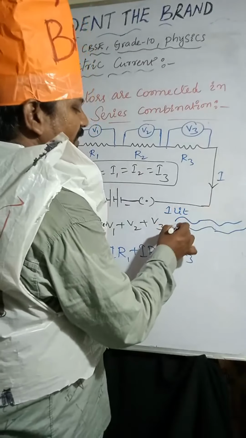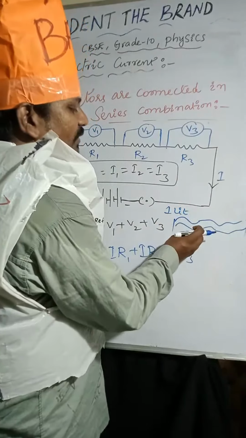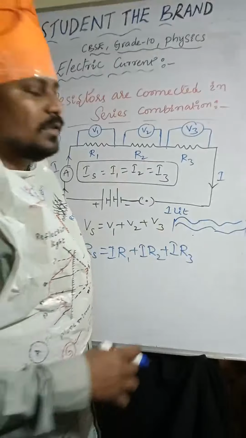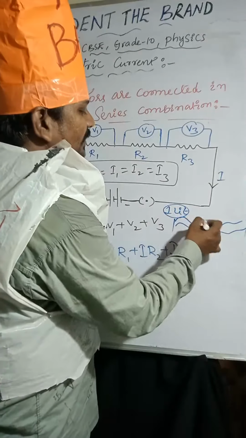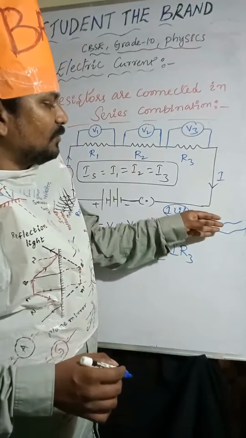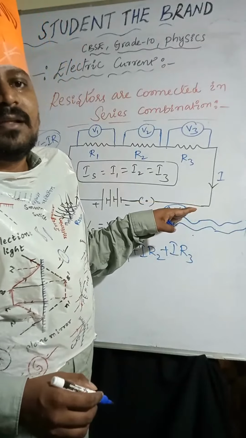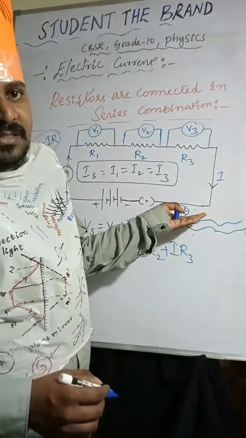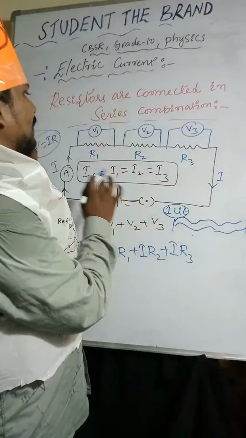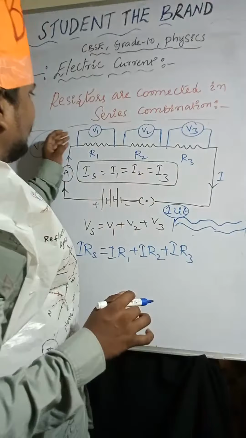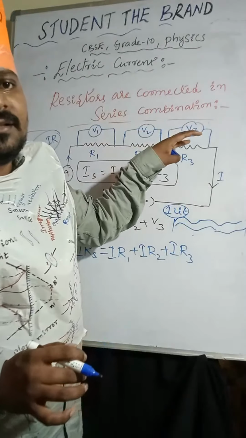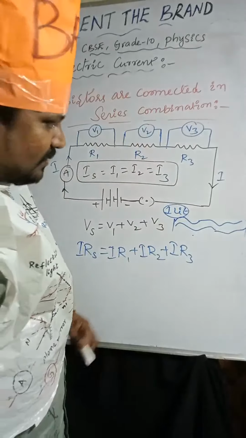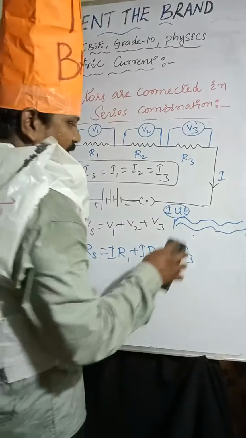There is opposition here, here, and here, many oppositions in the pipe. But whatever 1 liter of water I sent through the pipe, throughout the pipe the water is the same, right? Water is not changing. The same principle applies here also: whatever the current flowing, even though the opposition is there, the same current is flowing throughout the circuit. I hope it is very clear to you all, and especially Arjun. Is it clear?